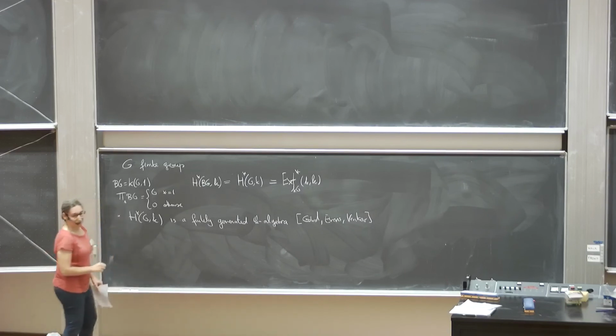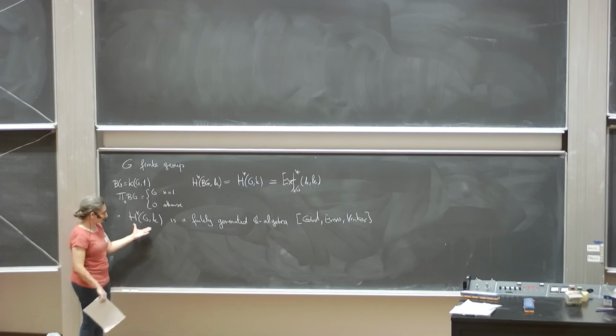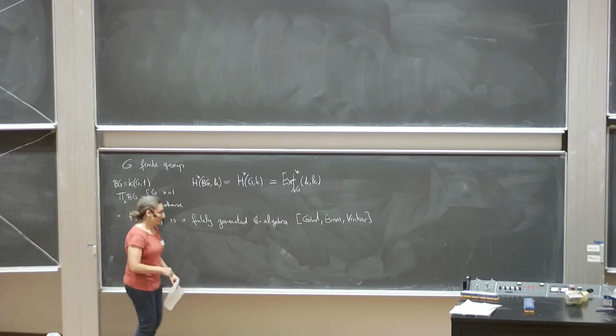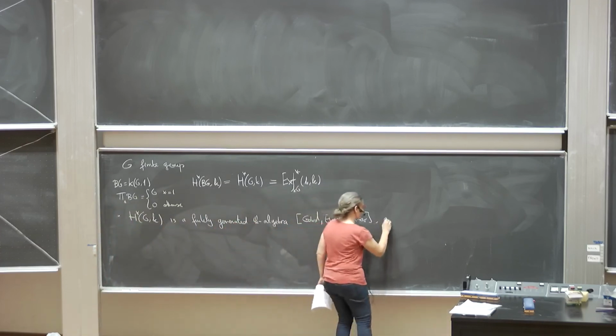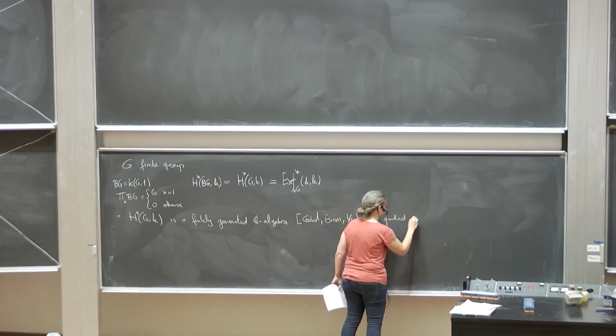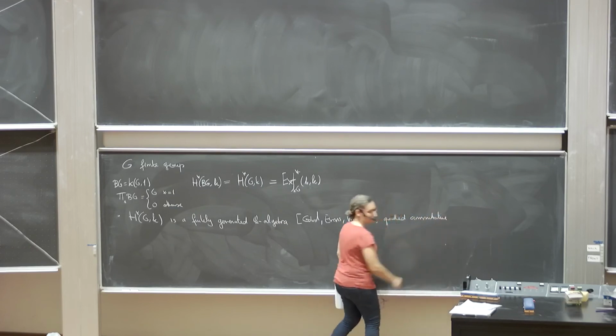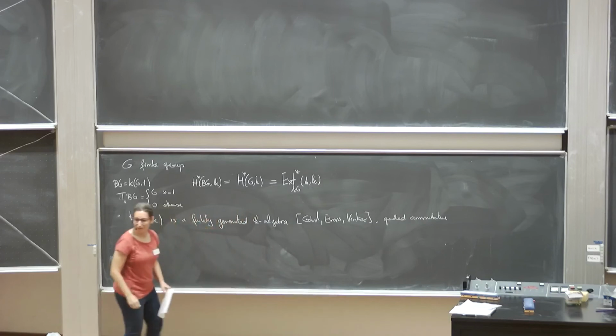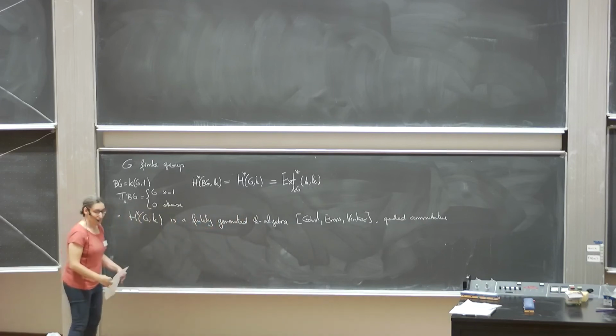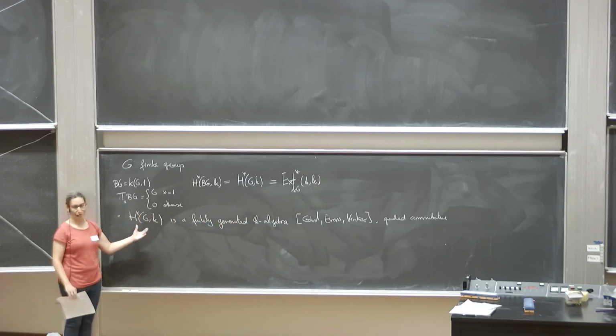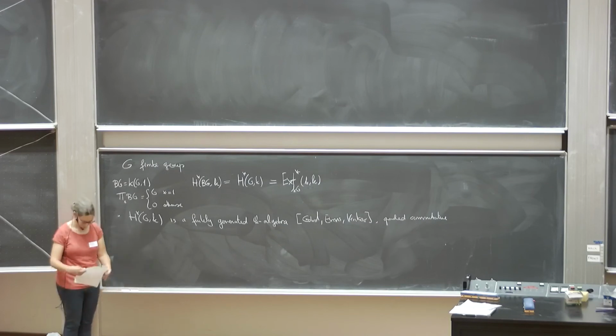But that's important, because then when you know that this is a finitely generated K algebra, graded commutative, you are in the world of commutative algebra. Okay? So you can look at, for example, the spectrum of homogeneous prime ideals. That could be an important object that will appear.